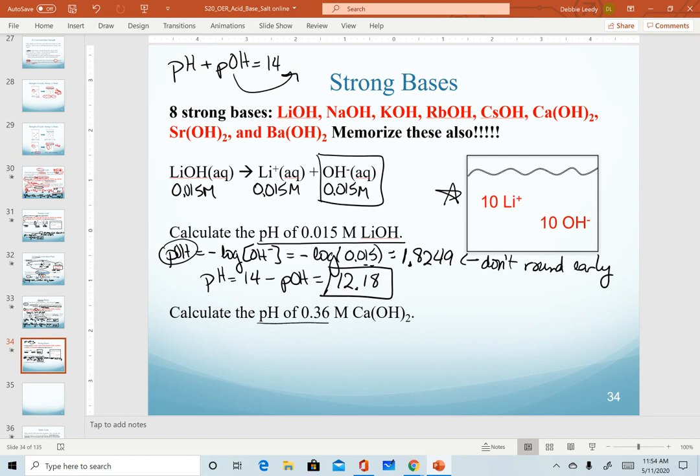And our last example, we want to calculate the pH for our calcium hydroxide. So for this one, as a shortcut, I'm going to write my dissociation equation to the right of this. And recognize that if calcium hydroxide is 0.36 molar, the calcium ion is going to be 0.36 molar, but my hydroxide is going to be 2 times that value.